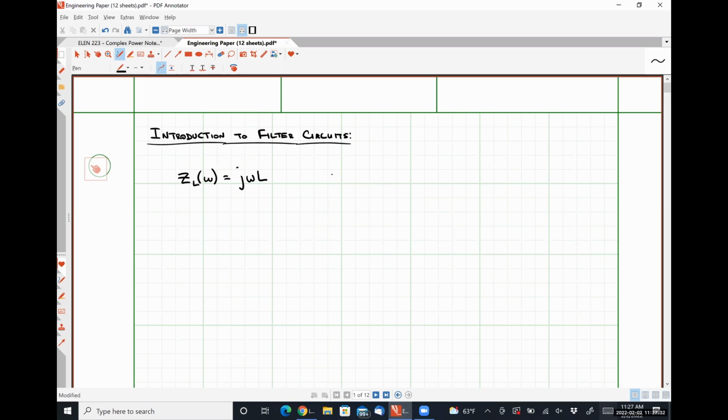For capacitors, we also have a frequency-dependent relationship, but now there's an inverse proportionality, right? So at very low frequencies, the capacitor looks like an open circuit, and at very high frequencies, the capacitor looks like a short circuit. Well, we can design circuits which will eliminate unwanted portions of the frequency spectrum just by effectively taking voltage drops over these frequency-dependent impedances, okay?